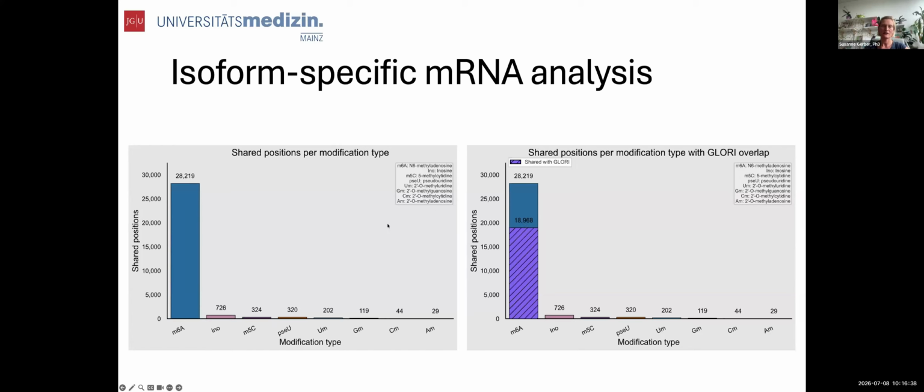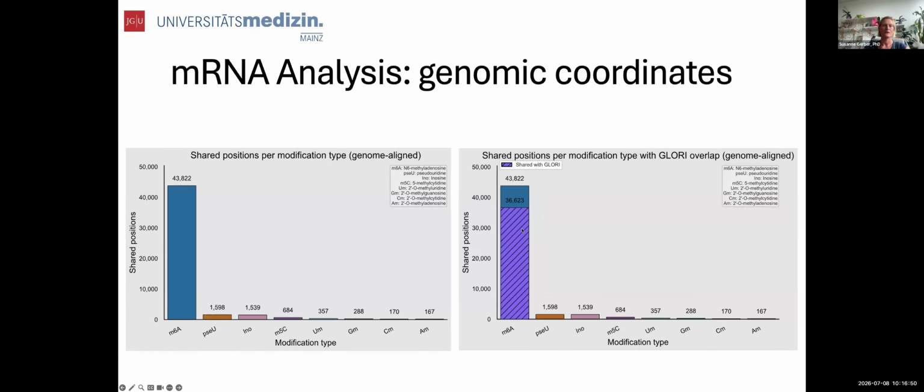In this case, it was GLORI sequencing, and the overlap is actually quite high: almost 20,000 modifications could also be confirmed on isoform level. Then we mapped them onto the genomic coordinates, meaning concatenating the isoforms, which ends up with 44,000 modifications that are robustly conserved across each and every subject. Here we could even confirm more than 36,000 modifications.